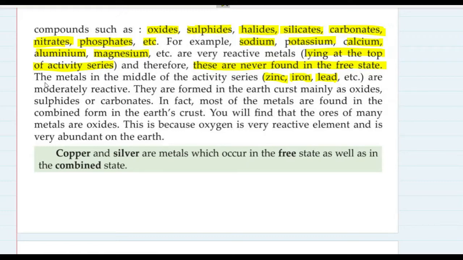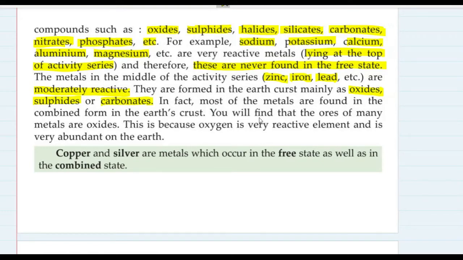They are found in Earth's crust mainly as oxides, sulfides, or carbonates. In fact, most of the metals are found in the combined form in the Earth's crust.